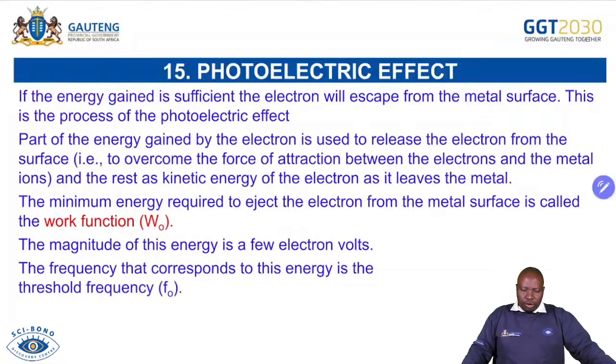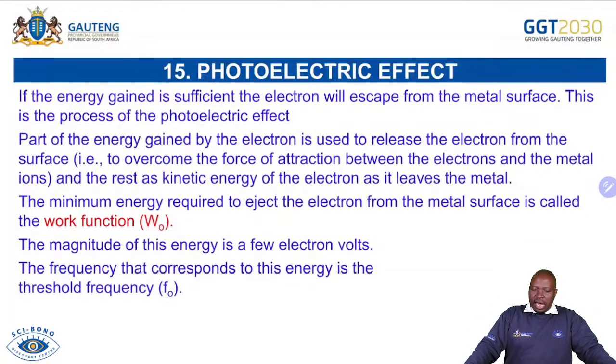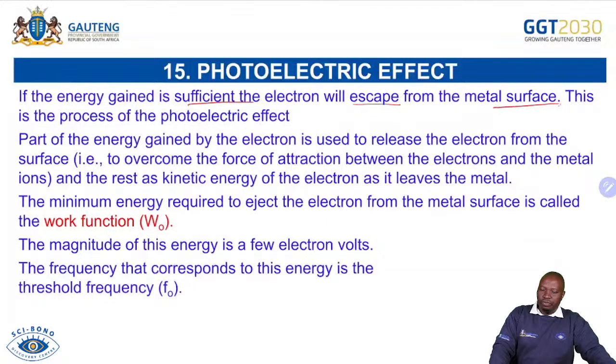I think I've talked about that. If the energy gained is sufficient, the electron will escape from the metal surface. This process is called the photoelectric effect. Part of the energy gained by the electron is used to release the electron from the surface, to overcome the forces of attraction between the electron and the metal, and the rest is kinetic energy.